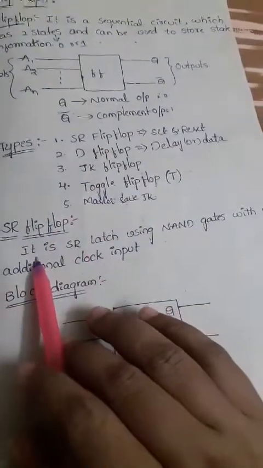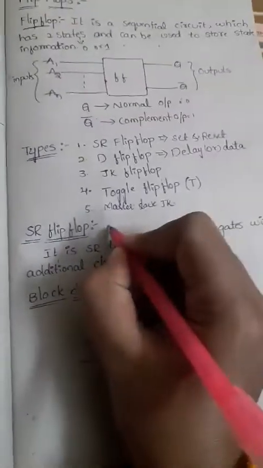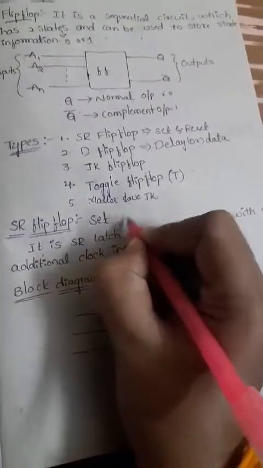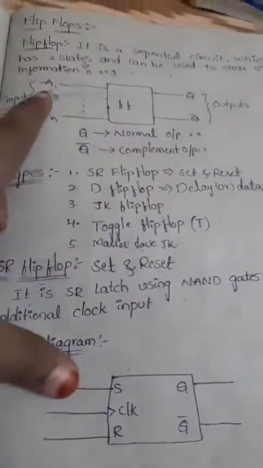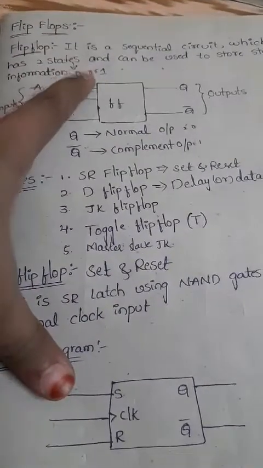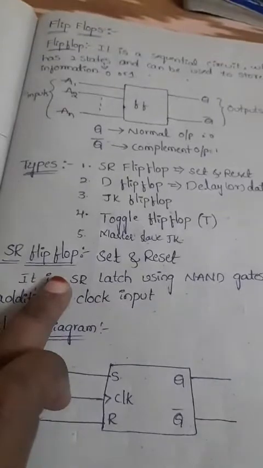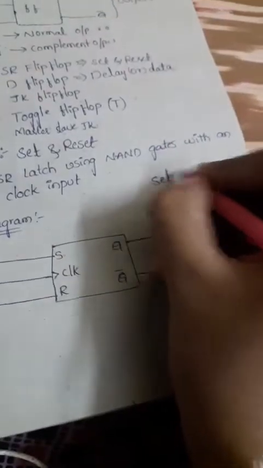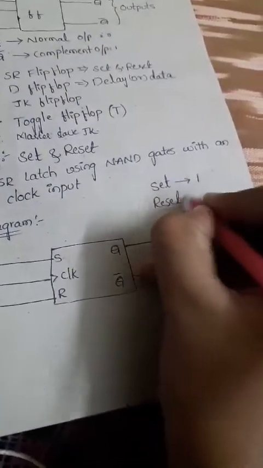In the SR flip-flop, S and R stand for set and reset. I just explained that a flip-flop can store two states, either 0 or 1. Here in the set-reset flip-flop, in binary terms, the set can be represented as 1 and the reset as 0.